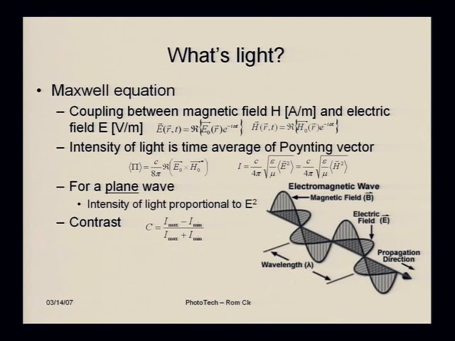The intensity of light is the time average of the Poynting vector, but in everything that we're going to do today, we will consider the light as a plane wave, and basically the intensity of light will be proportional to E squared, or to the amplitude of the light squared. That would be a lot easier to compute the total intensity.